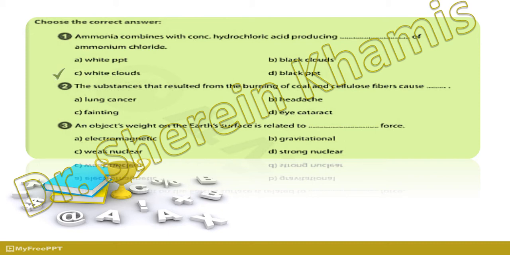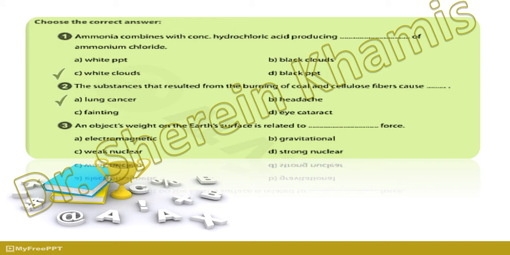So we have different diseases, and one of them is caused by coal and cellulose fiber. We have the first one here, lung cancer. All respiratory system malfunction or inflammation, or lung cancer, is caused by coal and cellulose fiber.